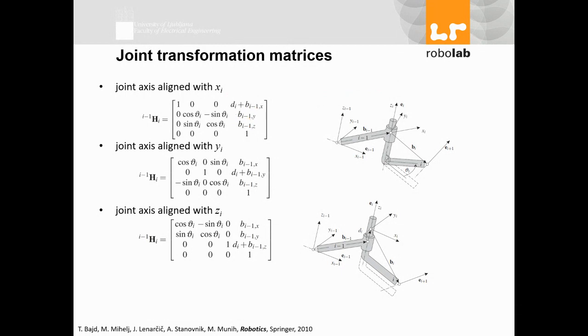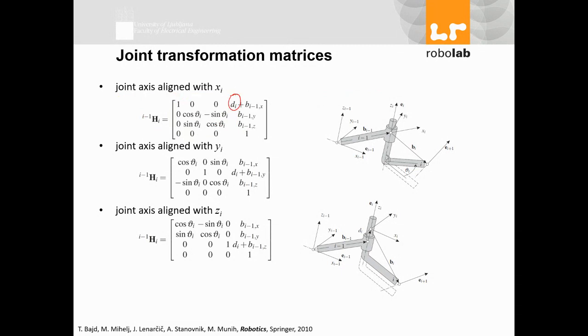So for each joint here, from joint i minus 1 to joint i, you might have both translational and rotational parts. In translational, you also have two components. One is fixed because of the shape and size of the robot, and one is variable. Since we are assuming that the joint is aligned with x, your translational movement is in the direction of x.